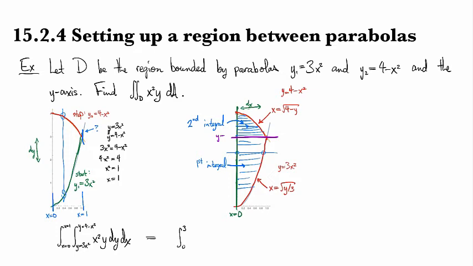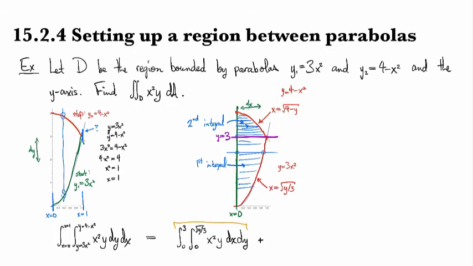This is y equals 3 right here. We're going to go from 0 up to 3, and we're going to go across from 0 to square root of y over 3, x squared y dx dy.